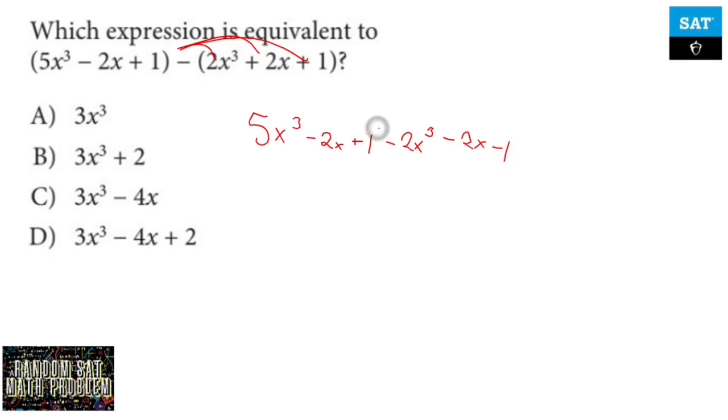So that makes the 1's go away. 5x cubed minus 2x cubed is 3x cubed. Okay, boom, boom. And negative 2x and negative 2x combine to make negative 4x. The answer is C.